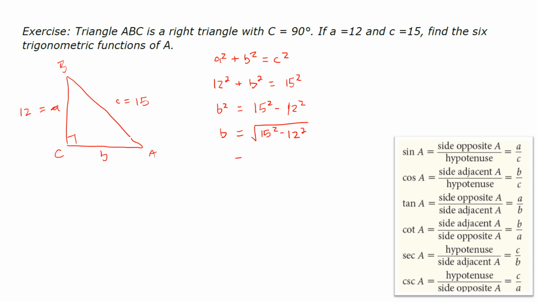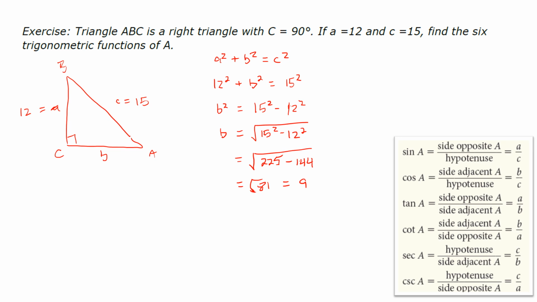and so I will get the square root of 225 minus 144, which will be the square root of 81, which equals 9. We're going to take the positive 9 because length must always be positive.